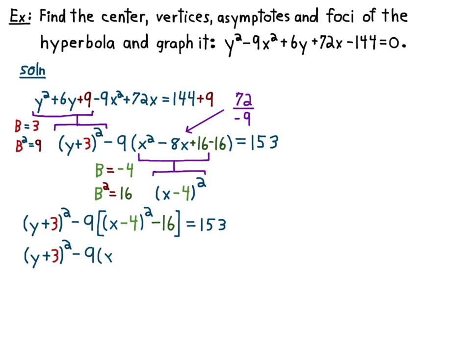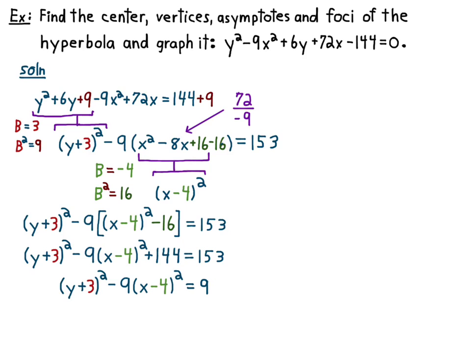So I get y plus 3, the quantity squared, minus 9 times x minus 4, the quantity squared, plus 144 equals 153. And when you subtract the 144 from both sides, of course, you get 9.